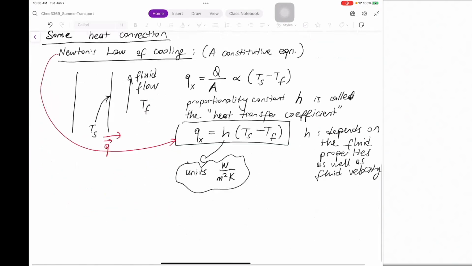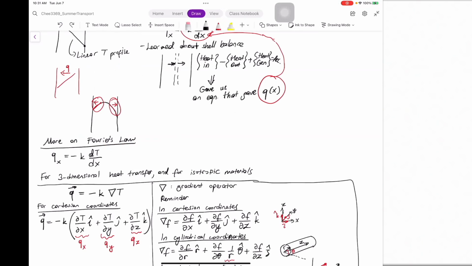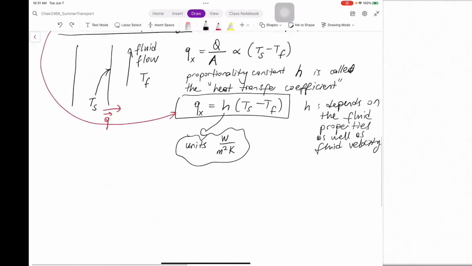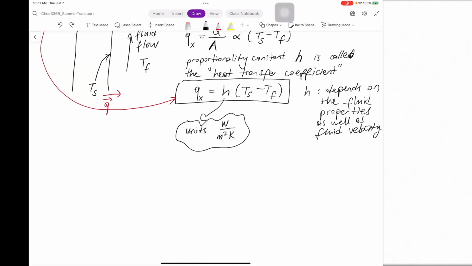One more thing before we move on to the problem is I would like to briefly talk about radiation. So another constitutive equation, radiation.